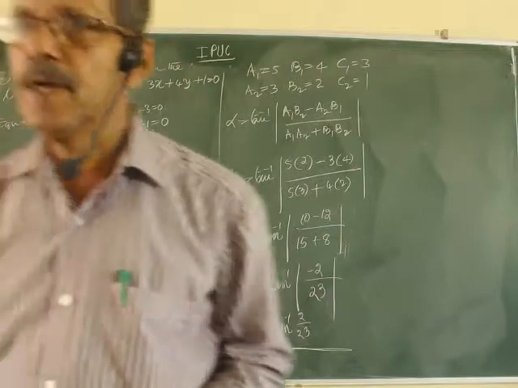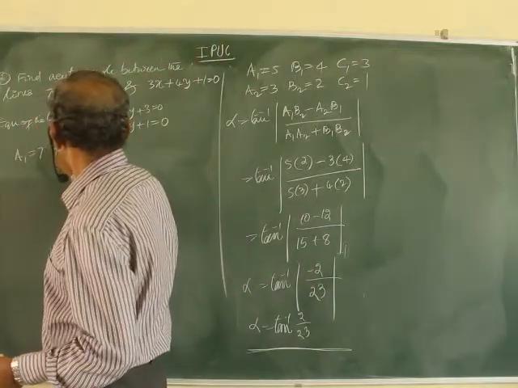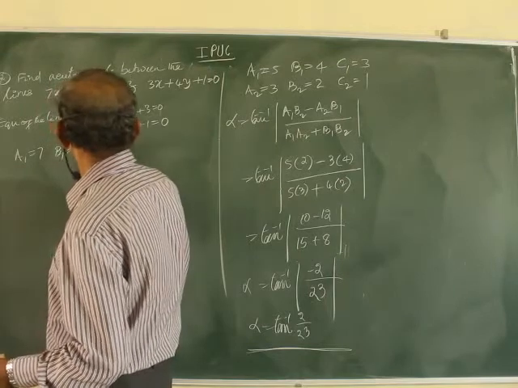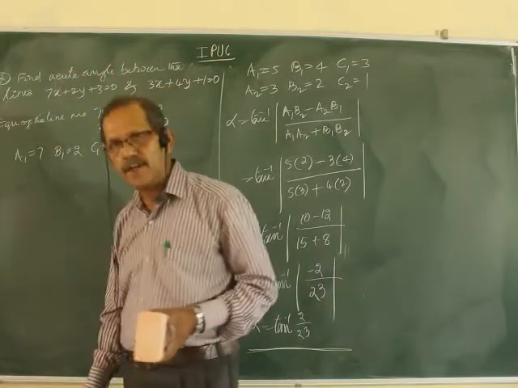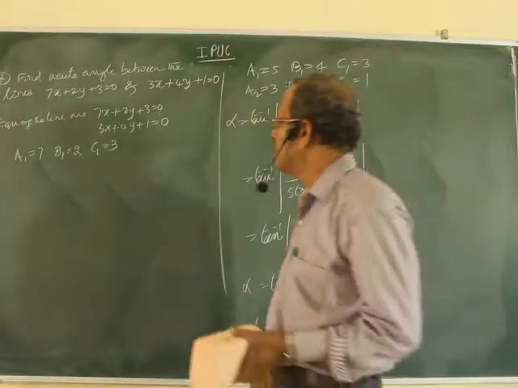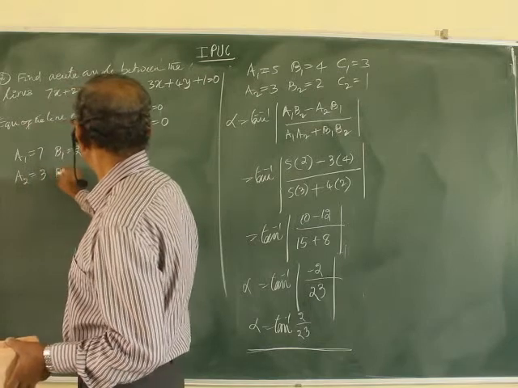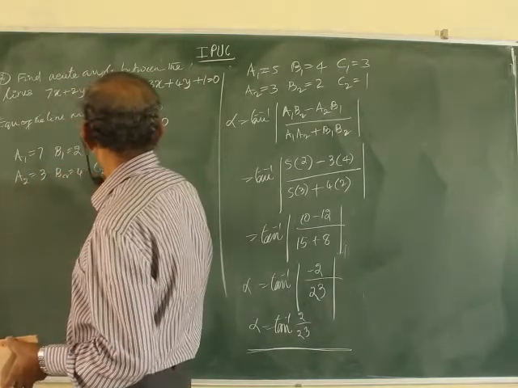Write a1, b1 like this. A1, 7, b1, 2. C1 is actually not required, but you write that one. In the formula there is no c1 or c2. A2, second equation, 3. B2, 4. C2, 1.